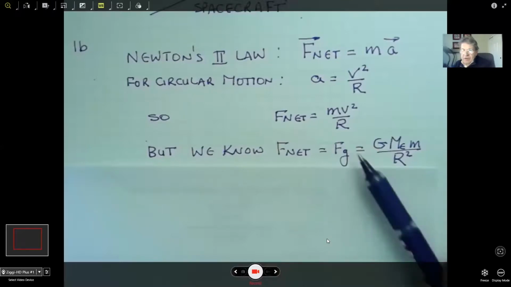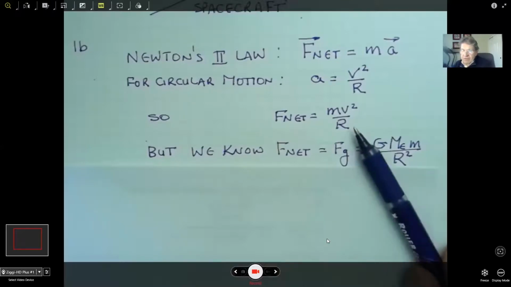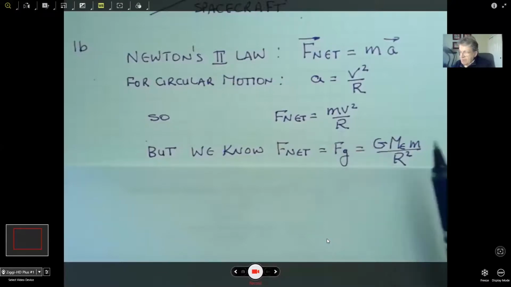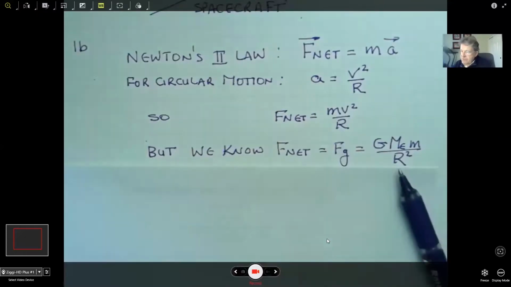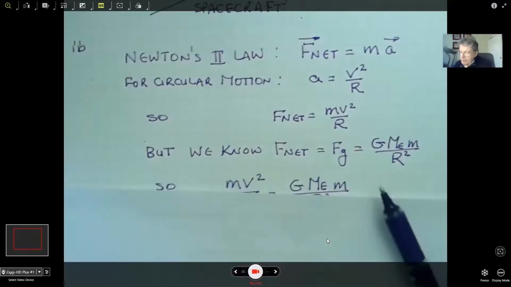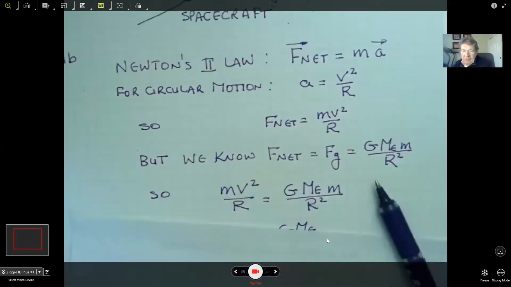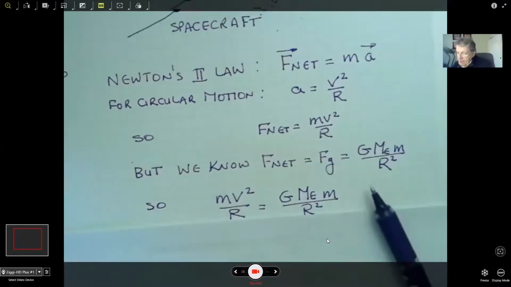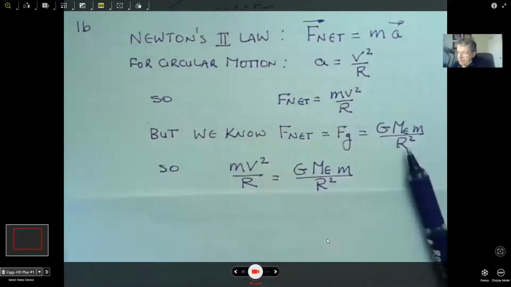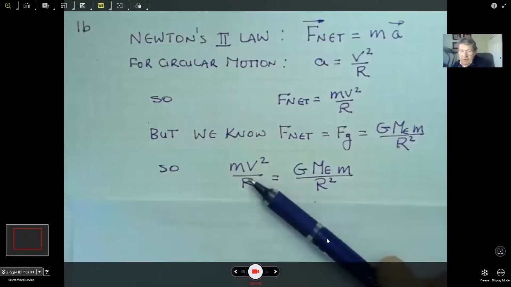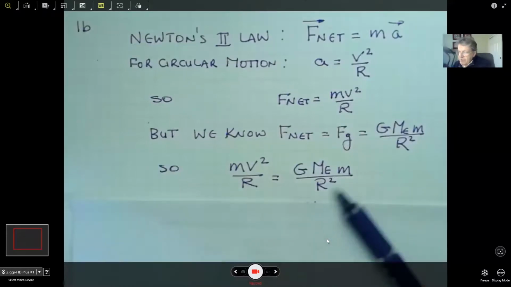One from the inertial properties of the motion of the spacecraft, m v squared over r, and independently the gravitational force on the satellite. These must be equal, and so we can have an equation which relates these two. m v squared over r must equal G M E m over r squared.